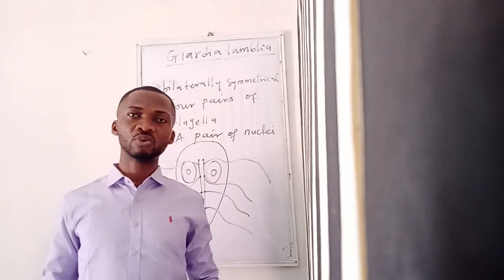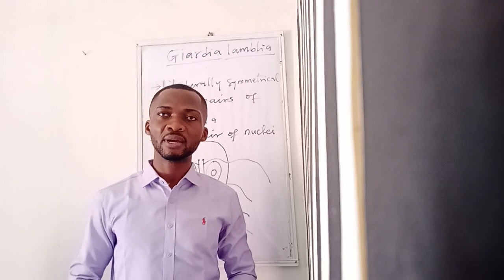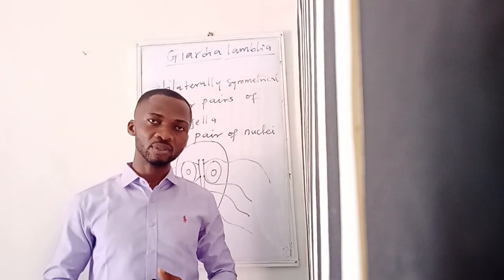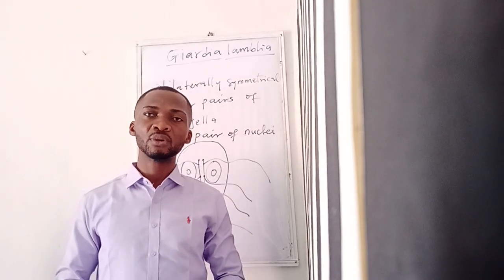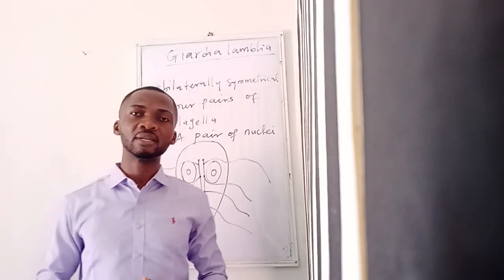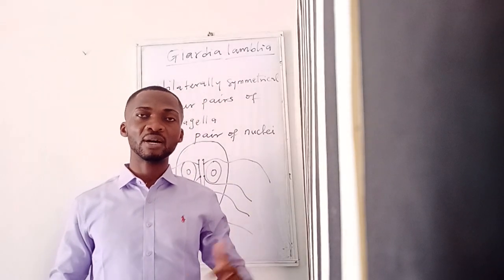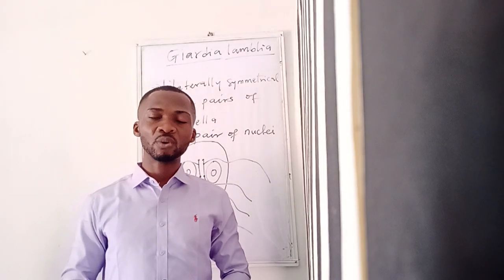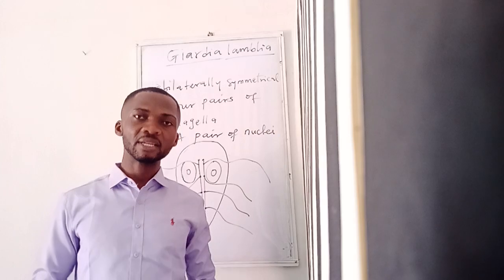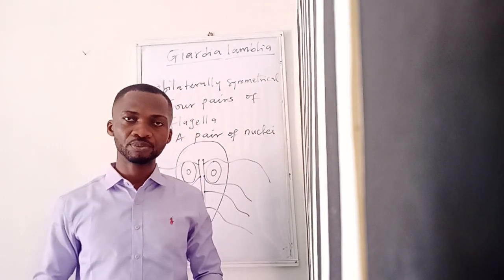When it comes to protozoa, you discover that protozoa are made up of different categories. We have the sarcodines, the amoeba, and the ciliata, where you have Balantidium coli. Then, of course, we have the flagellata, where you have Giardia lamblia, Leishmania and Trypanosoma.